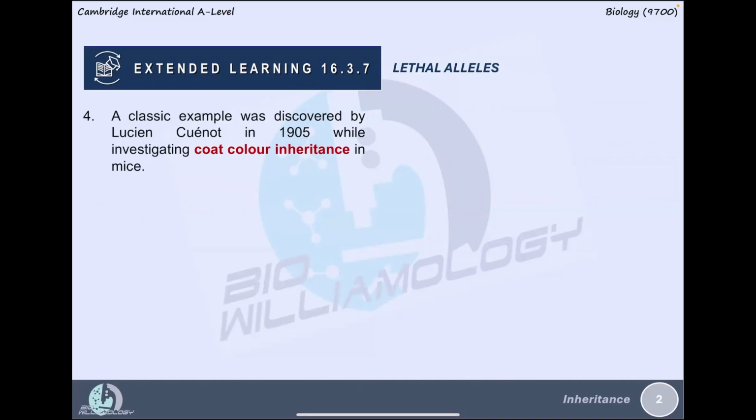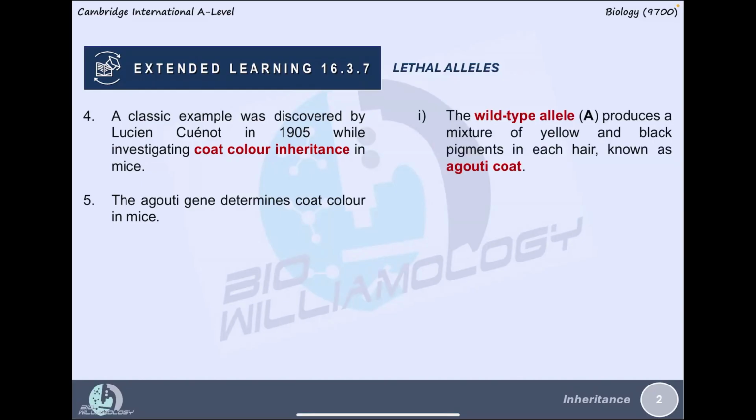A classic example was discovered by Lucien Cuénot in 1905 when he investigated coat color inheritance in mice. Let us follow his experiment. The agouti gene determines coat color in a mouse.